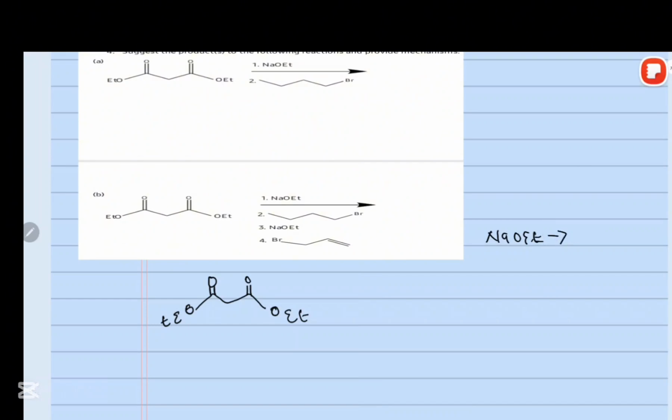This is very simple, to form Na plus and OEt minus. That's the base.